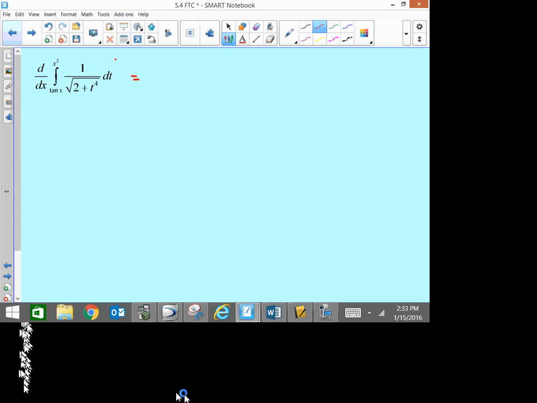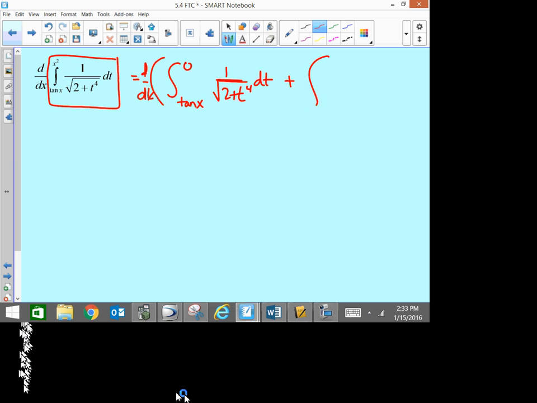So I'm just going to go ahead and do d/dx of the integral from tangent of x to 0, plus the integral from 0 to x squared.